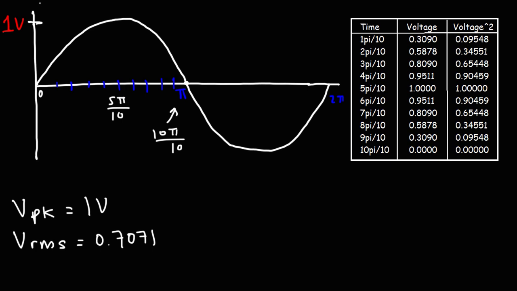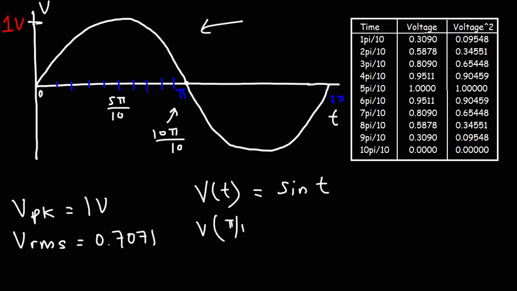So we have voltage on the y-axis, time on the x-axis, but in terms of pi. So this here represents our x values. Now, to get the voltage at each of these x values, what you can do is you can plug it into the equation. So this is the function that we have above. This is a sine wave, so the function is just sine of t. So to calculate the voltage at pi over 10, just plug this into your calculator.